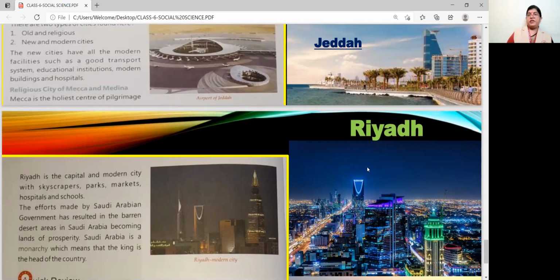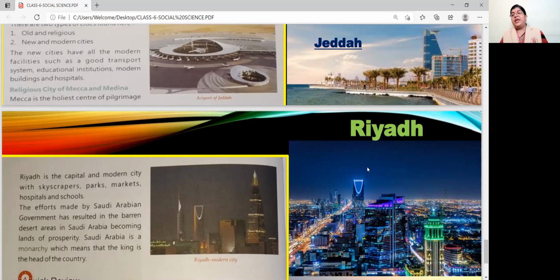Getting my point? These are the modern cities with skyscrapers, parks, markets, hospitals, and schools. The efforts made by the Saudi Arabian government have resulted in the barren desert areas of Saudi Arabia becoming lands of prosperity. This only I was telling. The government of Saudi Arabia has worked very hard. Barren land means nothing can grow over there.